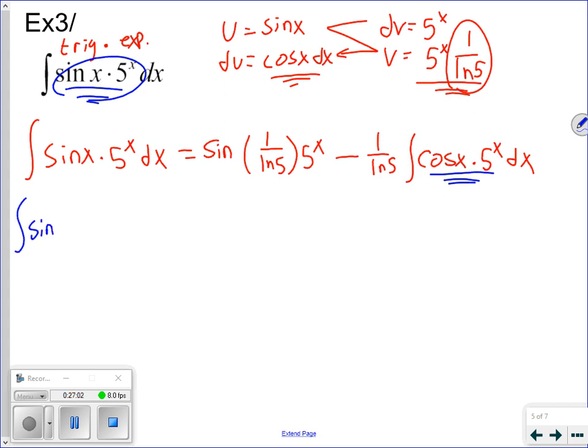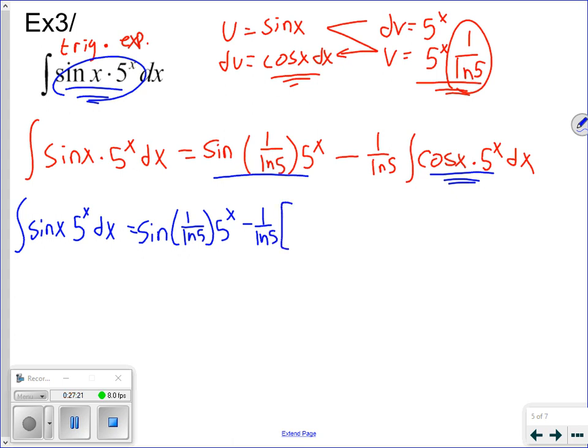The integration of sine of x times 5 to the x dx is equal to, so I'm going to rewrite this first part here. That's sine of x times 1 over ln of 5 times 5 to the x. Okay. Minus, I got 1 over ln of 5 on the outside, and I'm going to do integration by parts again with this right here. I'm going to try to, what am I going to squeeze this in at?